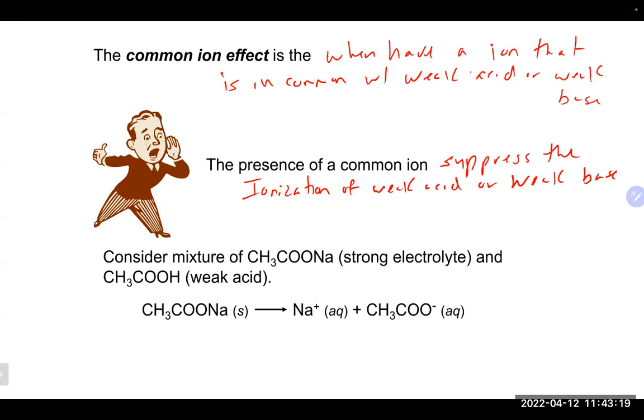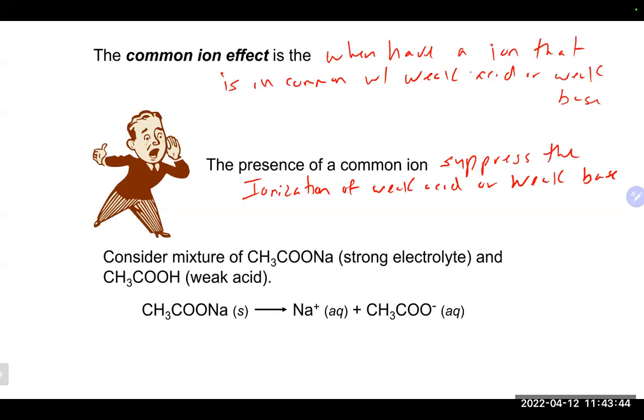So basically, the presence of the common ion will keep that weak acid or weak base together. It's based on Le Chatelier's principle that we talked about. The presence of those guys together will cause an uptick in the product side and cause the equilibrium to shift to the left and keep everybody together.